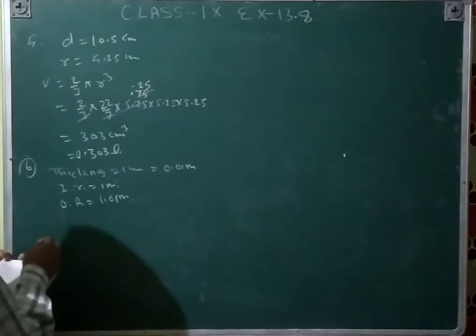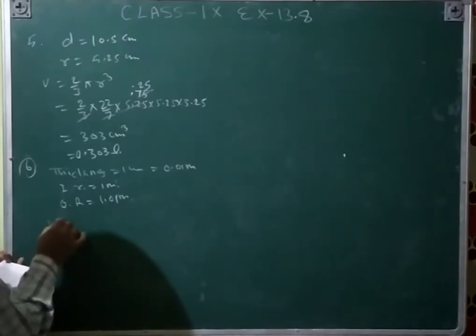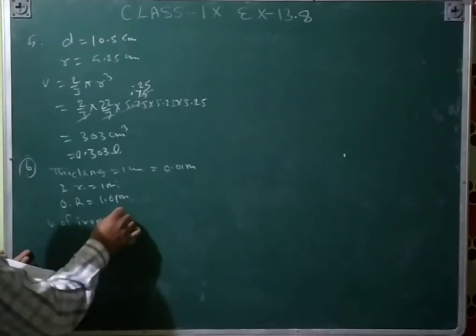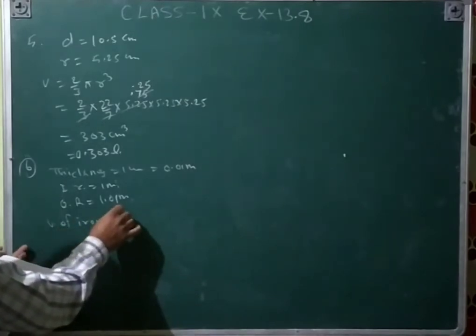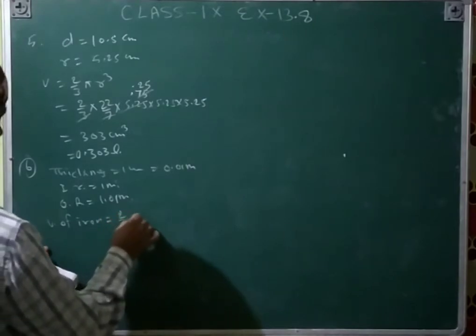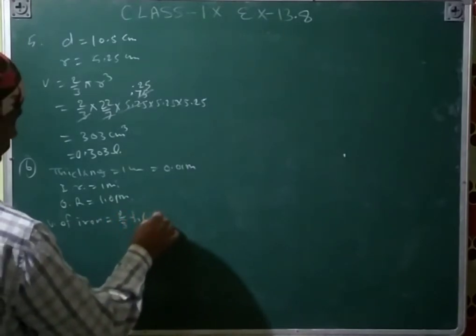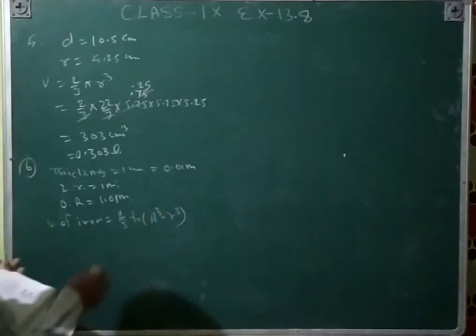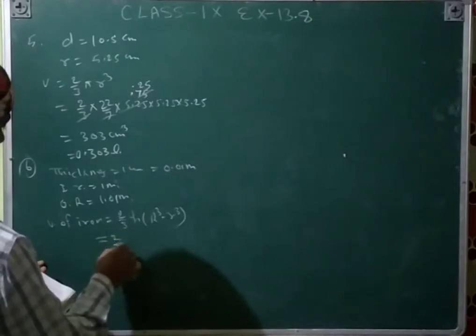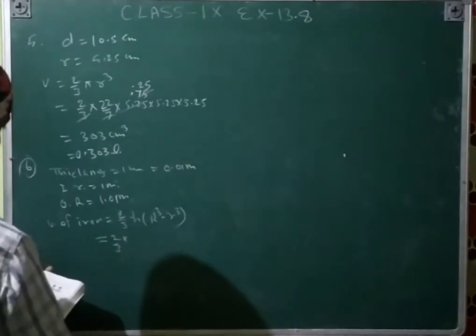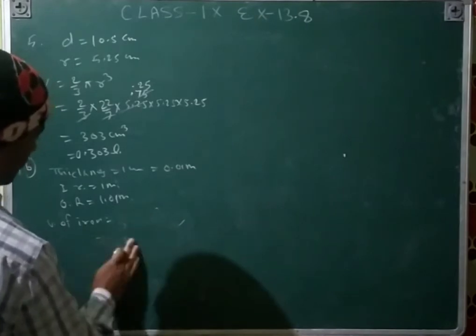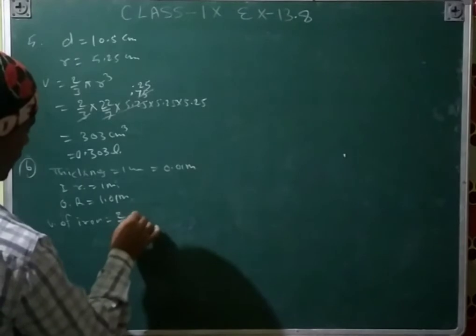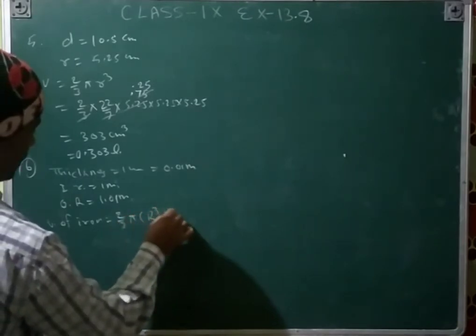Volume of iron used to make the tank. So volume of iron is equal to, that is a hemispherical tank, so 2 upon 3 pi, R cube minus r cube. Sorry, just wait, the formula has been written wrong here. That will be 2 upon 3 pi, R cube minus r cube.